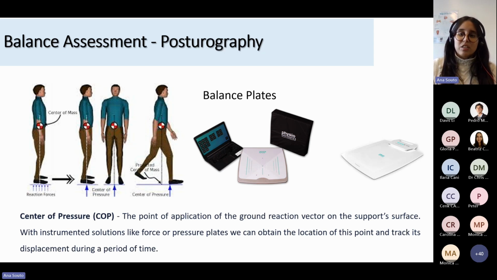So using technology like force plates and pressure plates, it is possible to quantify small corrections that are performed to oppose the destabilization effects of gravity, also known as body sway. Okay.